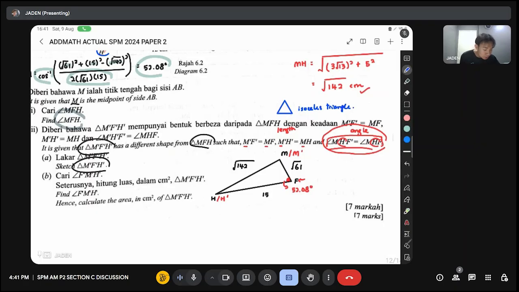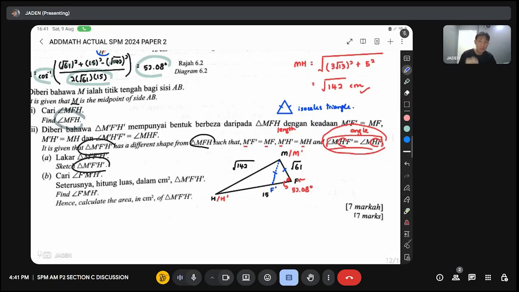So when I say isosceles triangle, that means my left side and right side length will be the same. Okay, let me show you. This is how we can form an isosceles triangle within the big triangle, within this MHF triangle. See here, if I draw a dotted line like this, I would assume that these two lines are actually the same line. So I will put down F prime over here.